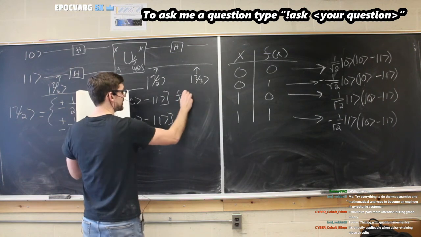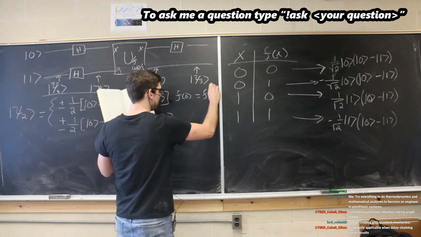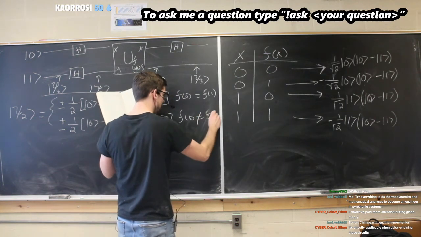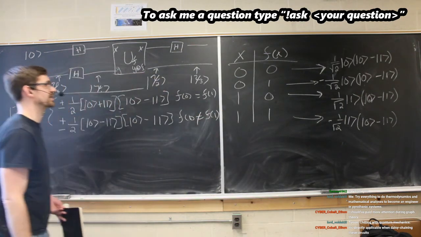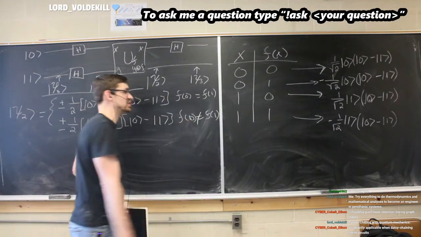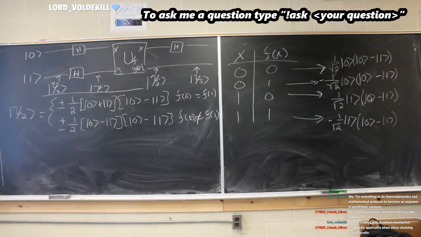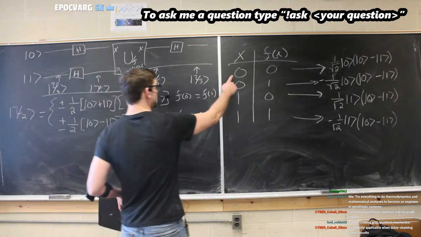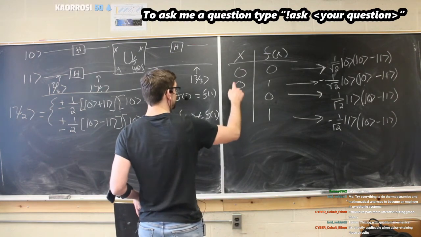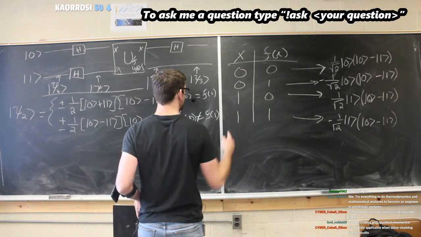So this is when f of 0 is equal to f of 1, and this is when f of 0 is not equal to f of 1. And that should cover all 4 situations. So now we know we have covered all possible situations that we can concoct out of this arrangement. Because it's going to be the case that either f of 0 is equal to f of 1, or f of 0 is not equal to f of 1.